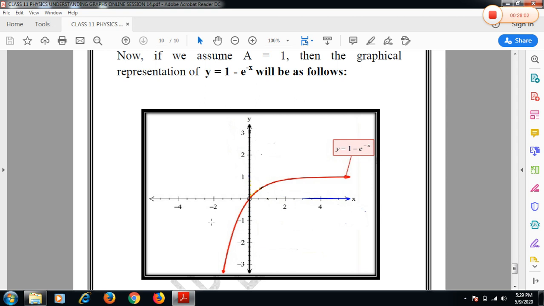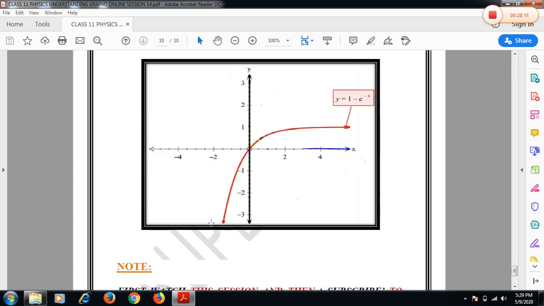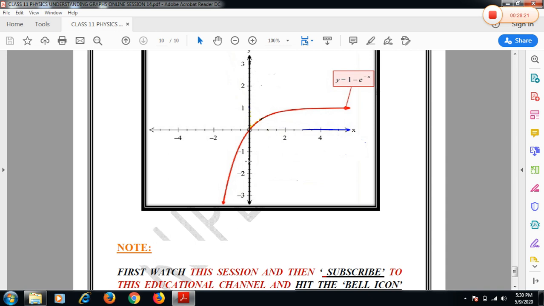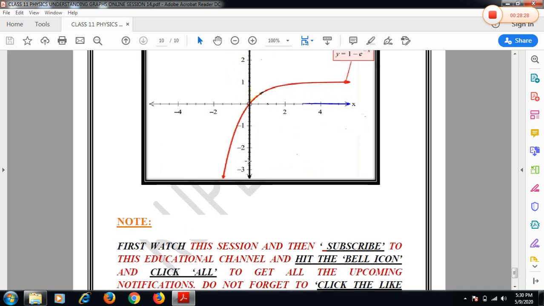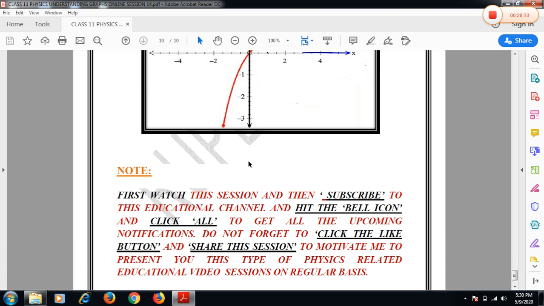As we move toward x equals minus infinity, we will have y equals minus infinity as well. Please remember all these types of crucial graphs. Remember, students, all these graphs are very, very important as far as your physics applications are concerned for the upcoming two years.